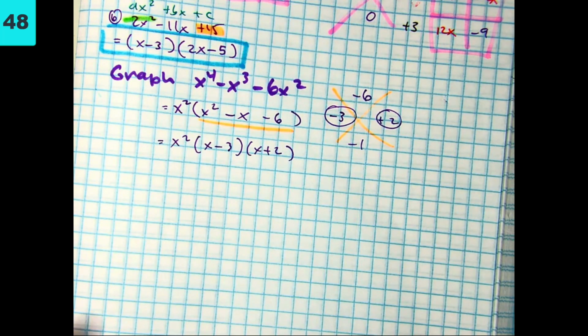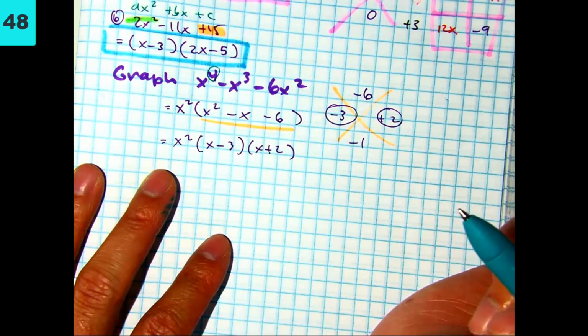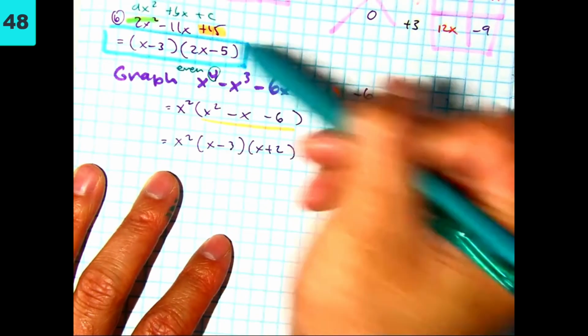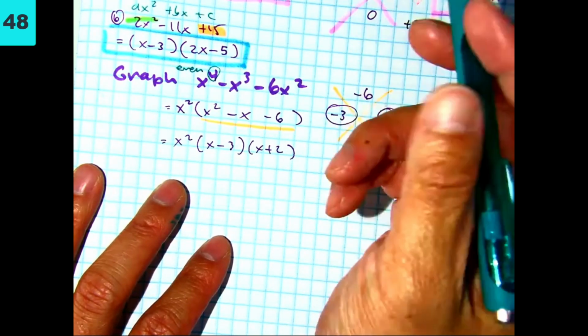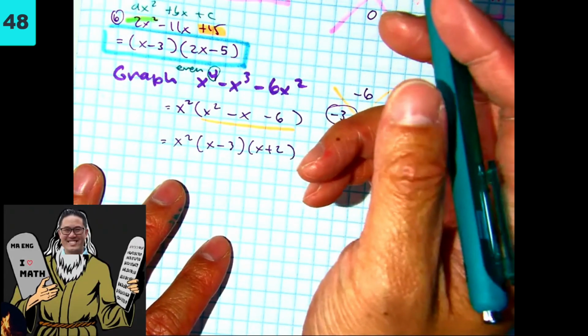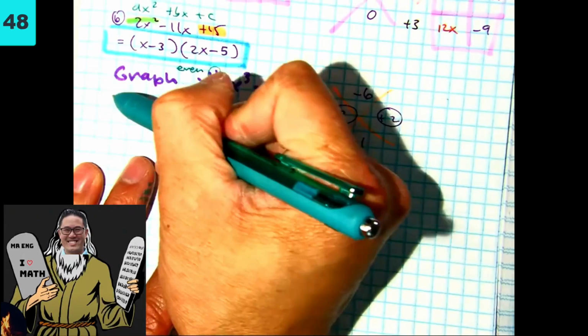Basic graph. So I know it is even or odd. What's the easiest even you know? What's a smaller even number? x squared. And what does that look like?